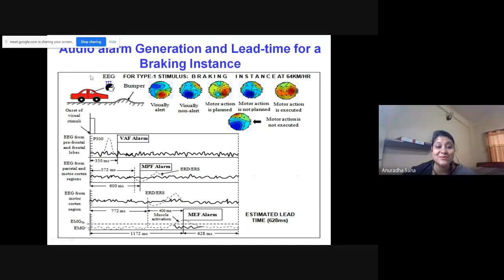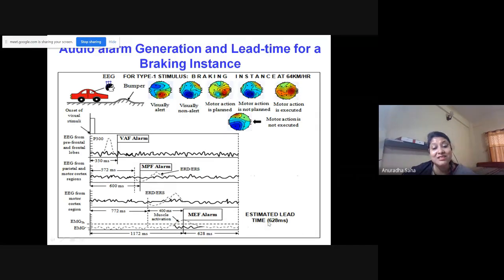So this is one real time situation that we got in the process of experimenting with this problem. An audio alarm is generated here, and in this particular case the visual alertness failure alarm has been generated, and the MPF alarm is generated here.